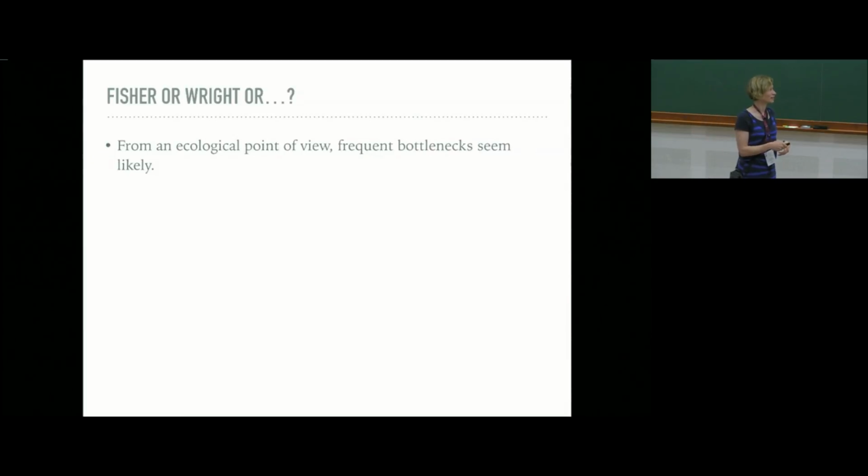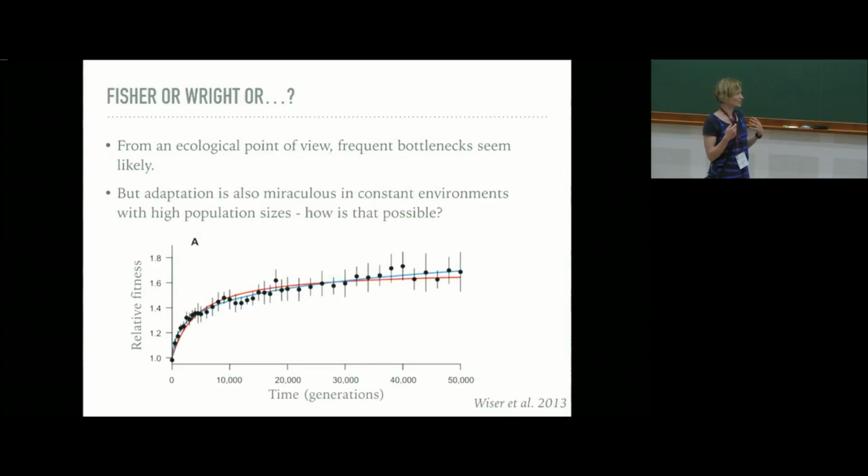And in fact, to go back to our Wright question, I think that bottlenecks might be happening very often. And this picture of just going upwards all the time might not be so true after all. And even if we ignore all of this, if we look at adaptation, for example, in the long-term experiments, it's still very miraculous how it actually happens, and there are still so many open questions.